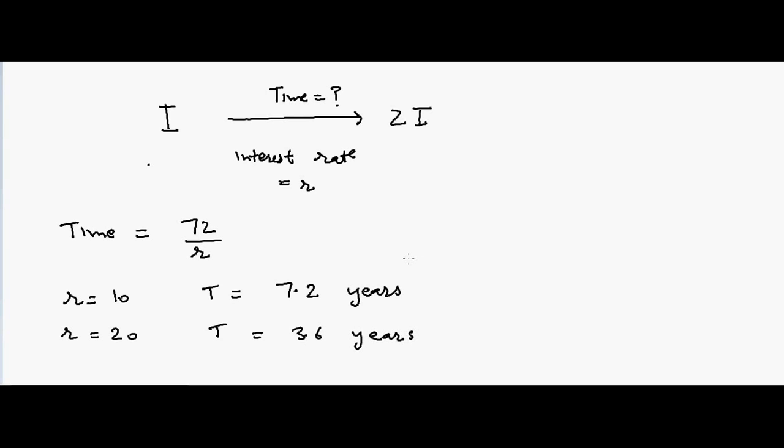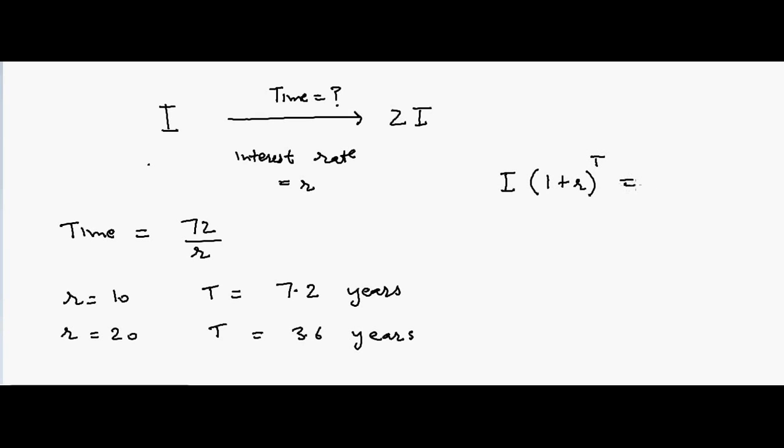So how does this rule work? Let's try to solve this problem in a regular way. Suppose we have investment I, and we have interest rate 1 plus r, and we invested for t years.